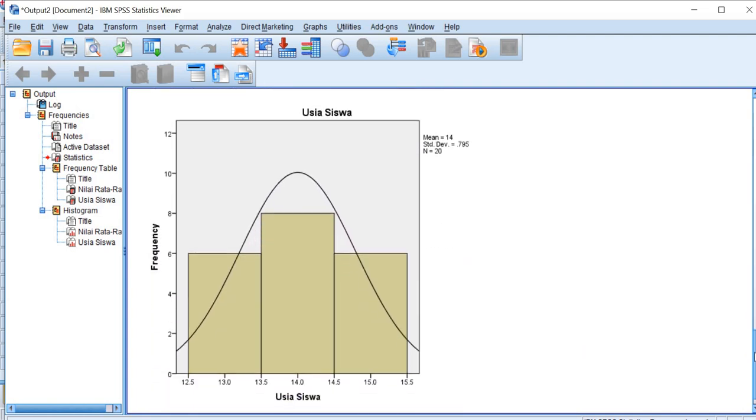And here for usia siswa it is really distributed normally, because we only have 13 years old, 14 years old and 15 years old, and our data shows 6, 8 and 6. So this is the comparison between the histogram and the normal curve of data distribution.